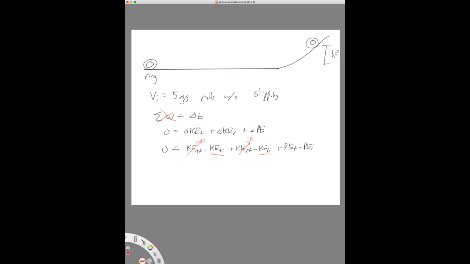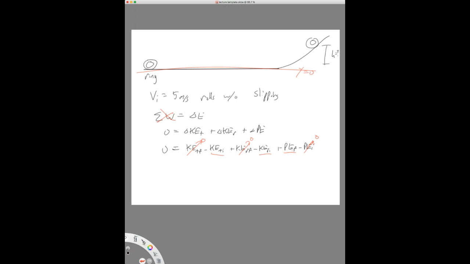Well, if it's going 5 meters per second and rolling without slipping, then if it moves, it must spin. So it has that. How about final potential energy? Yes. What about initial potential energy? No, because we will just choose to call this y equals 0. Okay, and we are this time trying to solve for h.